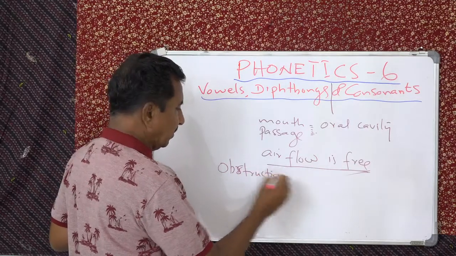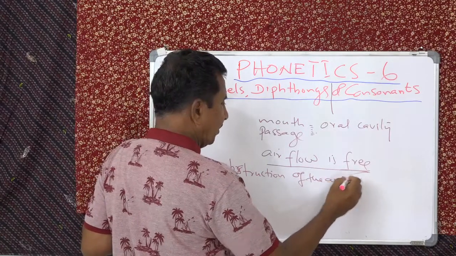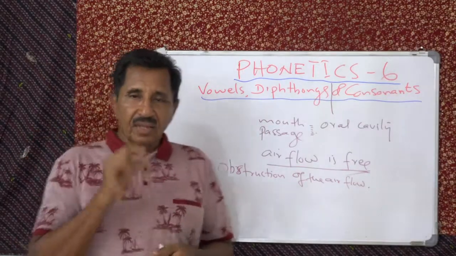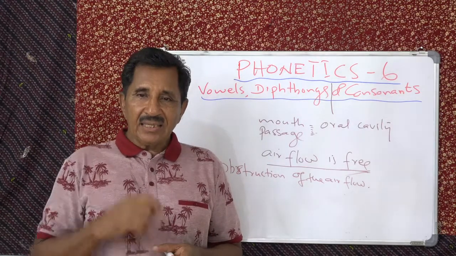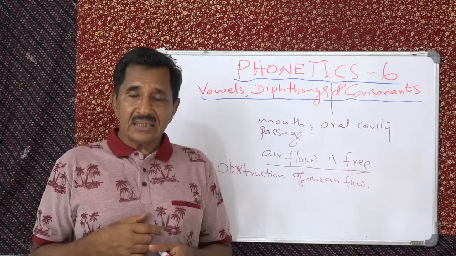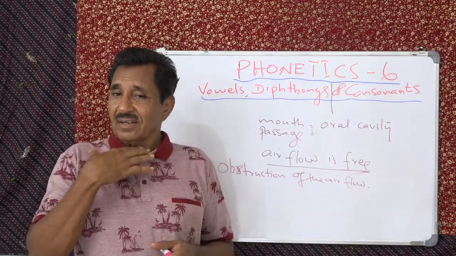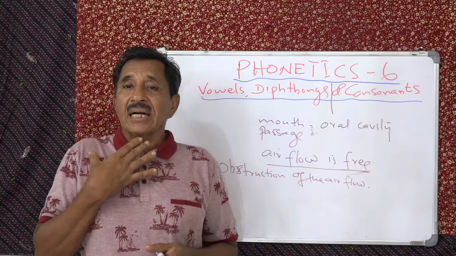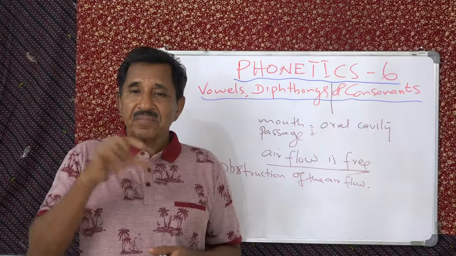Obstruction of the airflow. Or airflow is obstructed. It can be with the lips like that. See? Tongue and teeth. Tongue and gums, no? Then tongue and soft palate or velum back there: k, g. Then f, v, lower lip and teeth narrowing.